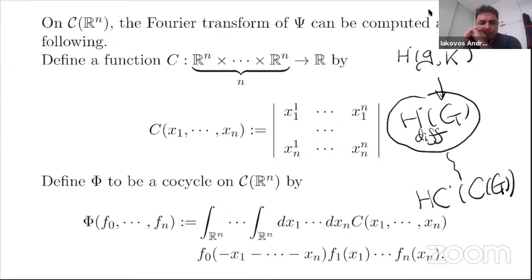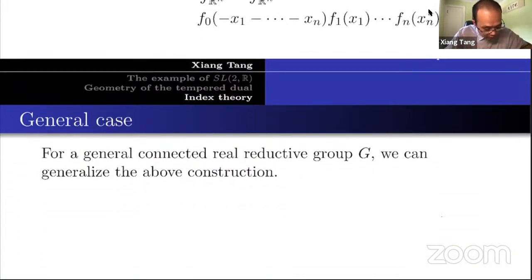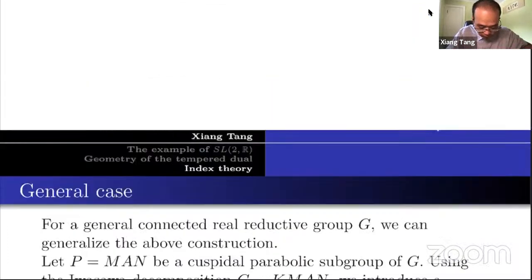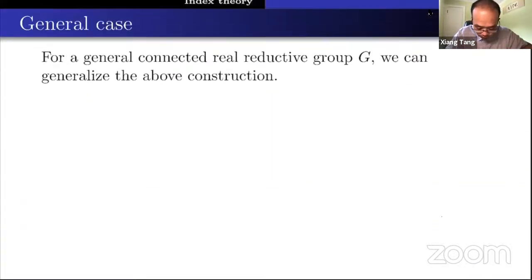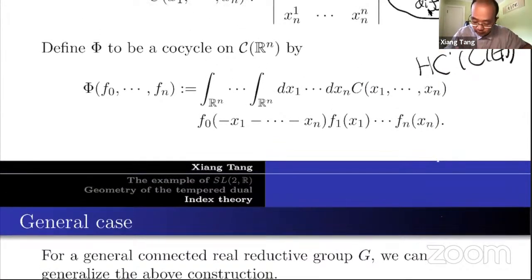But these are not the same as the cocycle we constructed here for this Poisson, not the same in general. So even in SL2, we actually have two constructions, two cocycles. They are not identical in the cyclic cohomology.